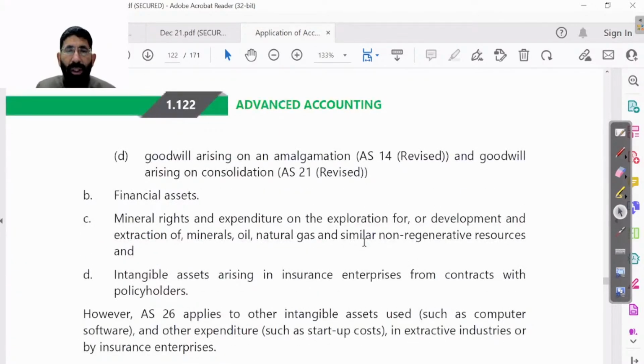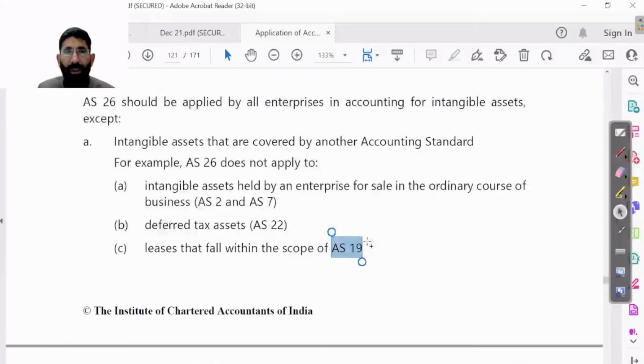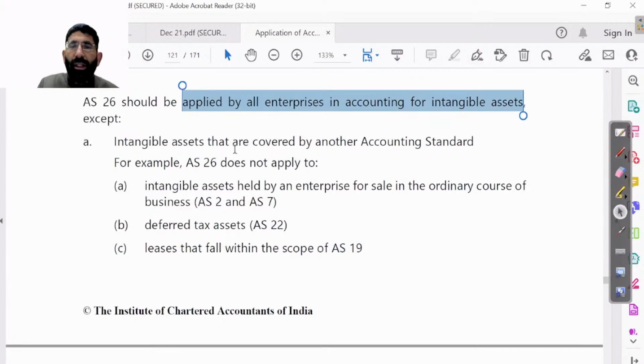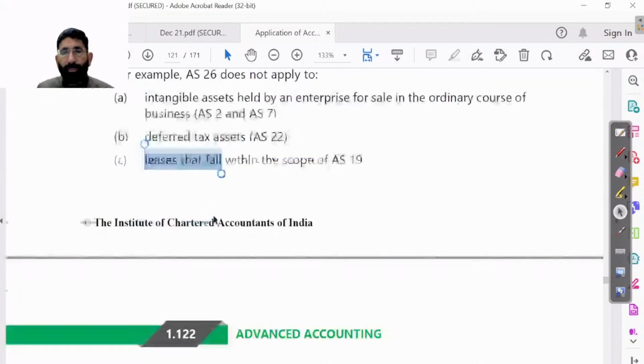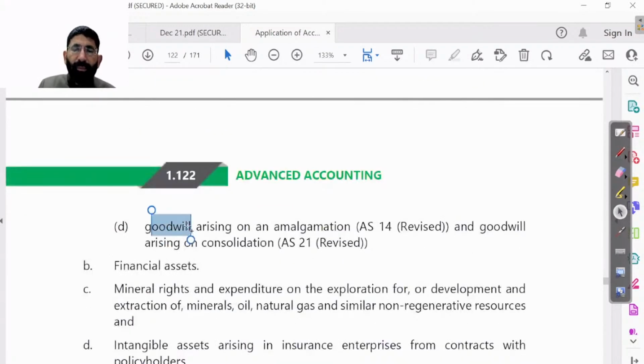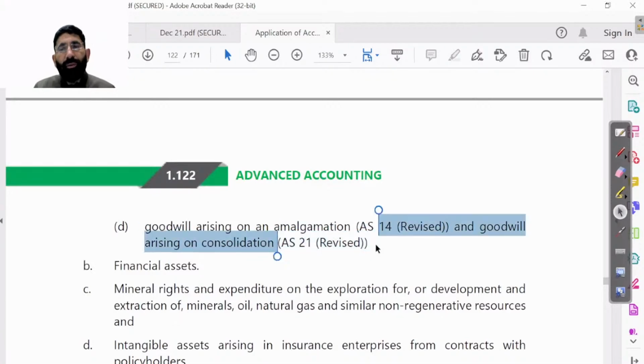And one more thing, which is very, very important, if we'd like to say, here it has been mentioned, should be applied by an enterprise for accounting that are not covered by another accounting standard. For example, it doesn't apply to 1, 2, 3. Fourth is this one, goodwill arising on amalgamation and goodwill arising on consolidation, because those are already covered in AS 14 and AS 21.